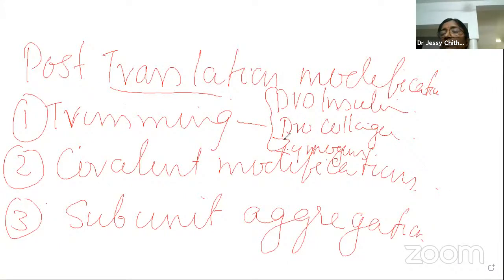Short peptide chains are removed. In proinsulin, the C peptide is removed. Zymogens, the proteolytic enzymes such as trypsinogen, chymotrypsinogen and procarboxypeptidases, undergo proteolytic cleavage. The short peptide chains are removed and they are converted to the active form. So that is trimming.